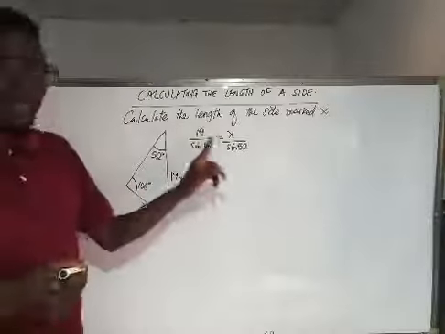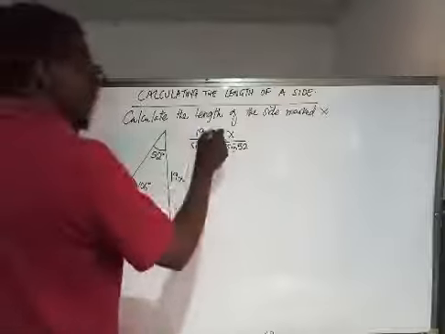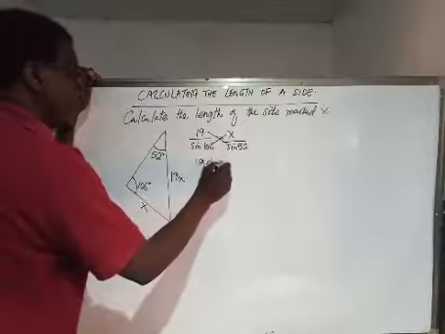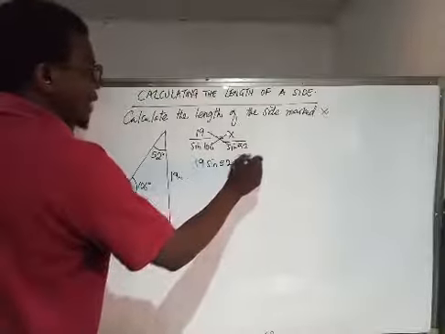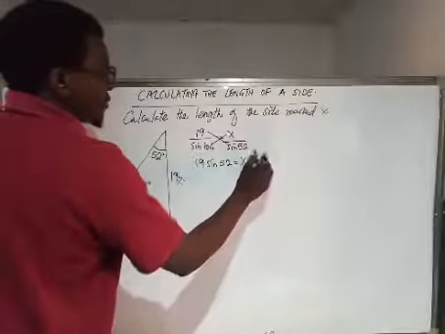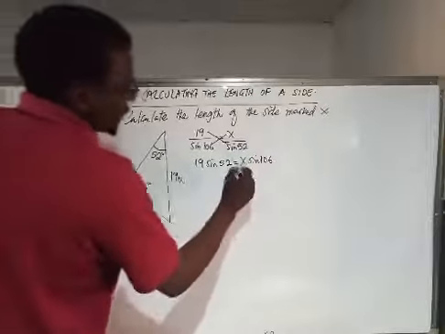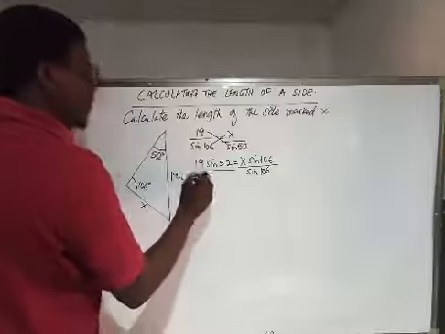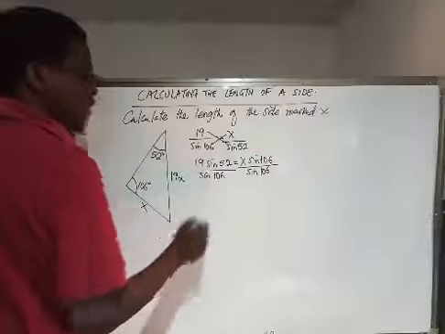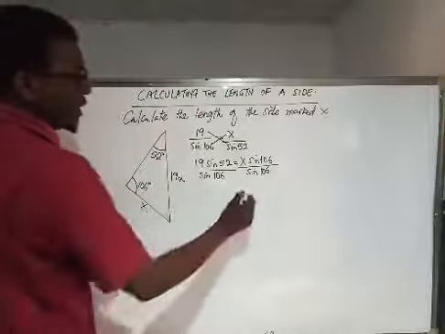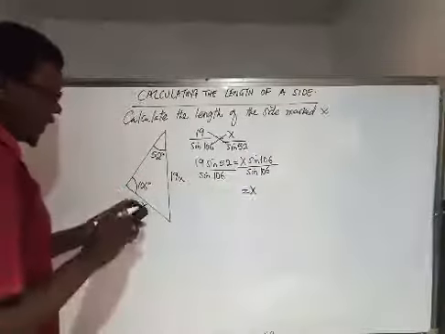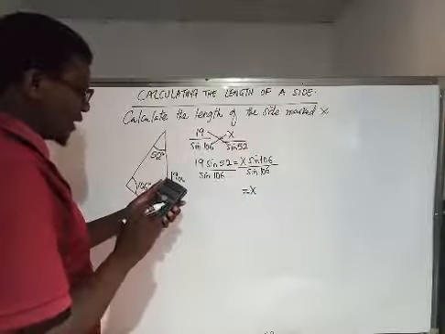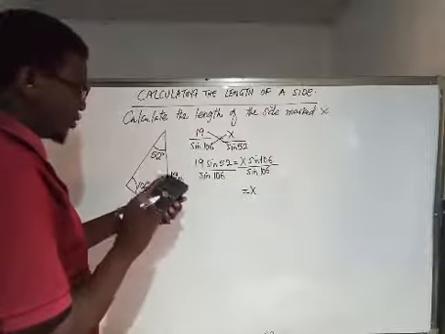Once you do that, you cross multiply, starting from the major diagonal. So it will be 19 sine 52 is equal to X sine 106. Then we get rid of sine 106 on the right hand side, so that we remain with X, and we do the same on the left hand side. So we punch on our calculator 19 sine 52 divided by sine 106.